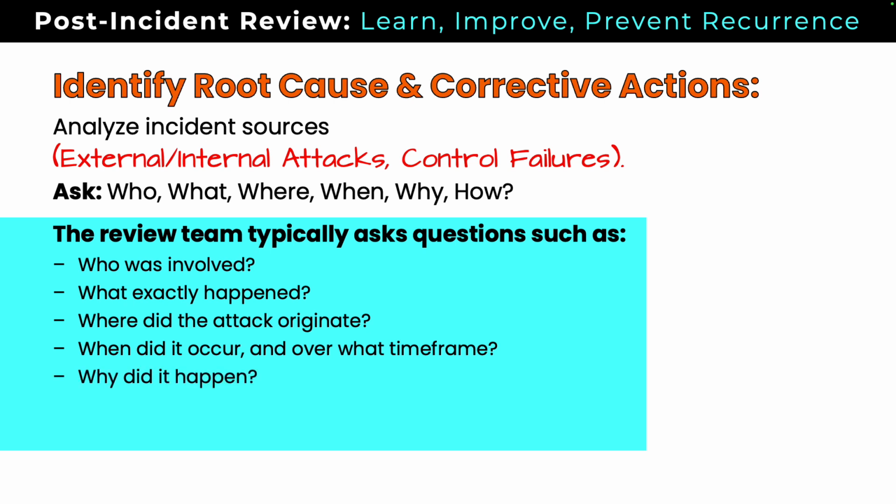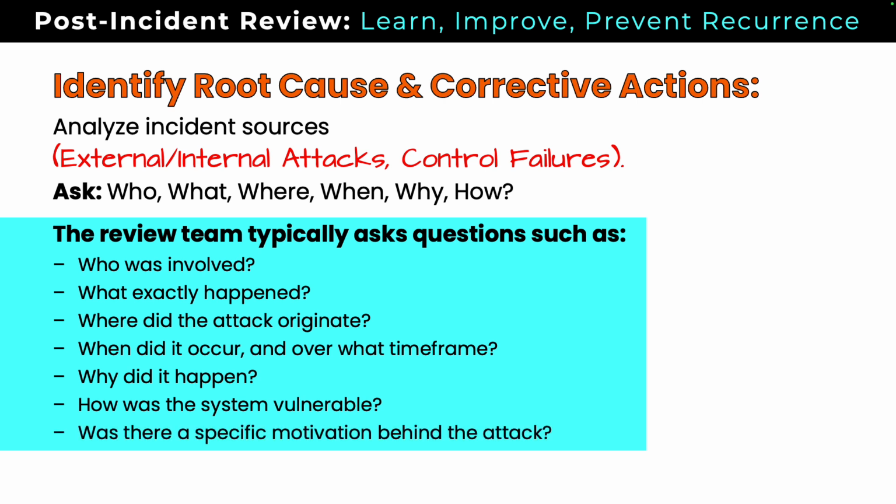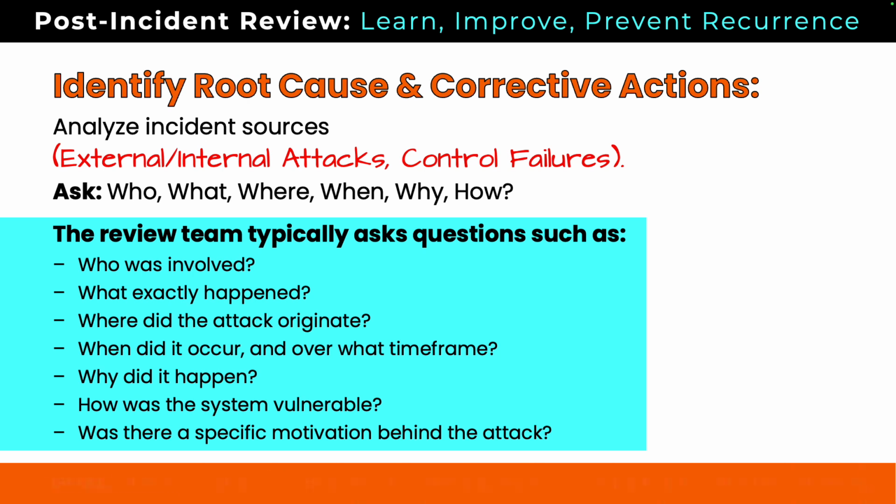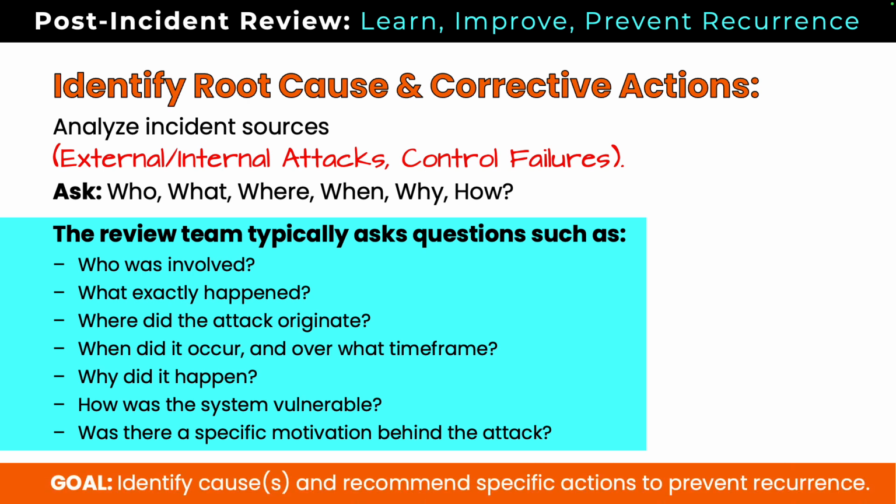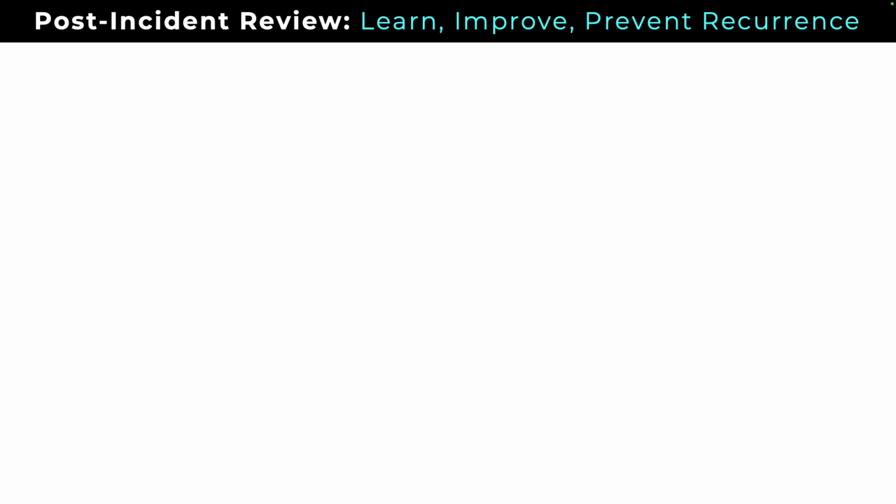Why did it happen? Where was our failure? How was the system vulnerable? And was there a specific motivation behind the attack? So the goal here is to identify causes and recommend specific actions to prevent recurrence.